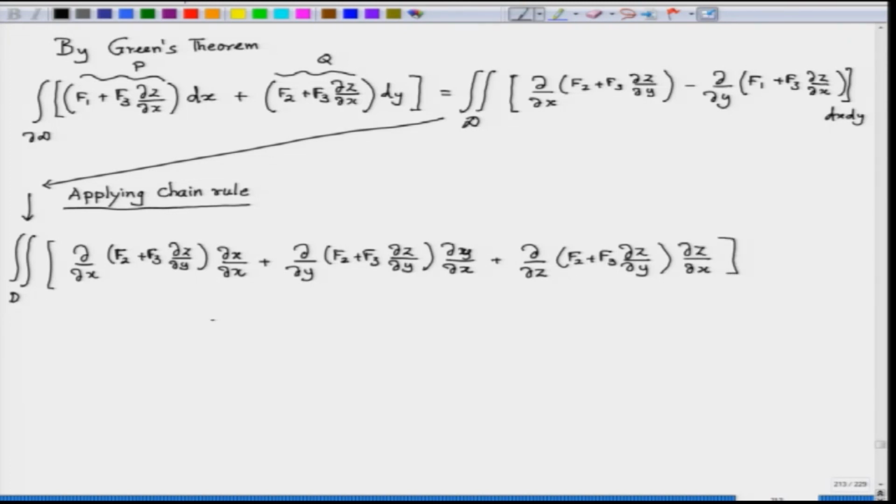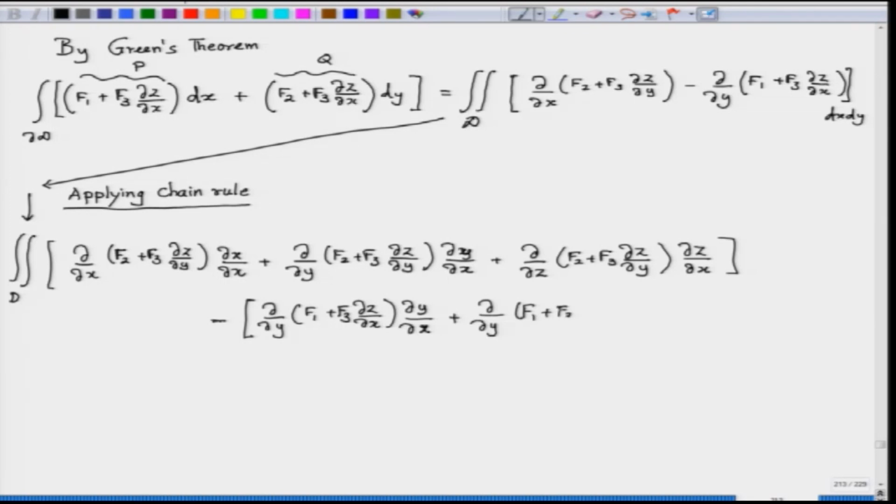This thing minus the same story in terms of y: del y of f1 plus f3 del z del x, this is in terms of y now, into del y del x, plus del y of f1 plus f3 del z del x.